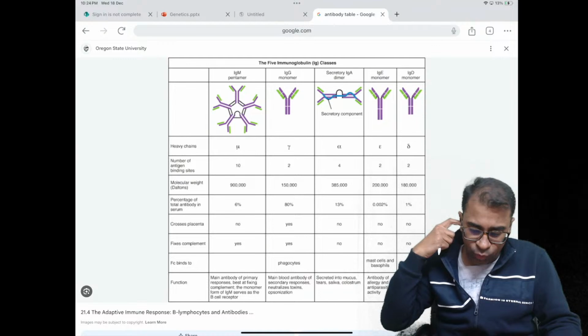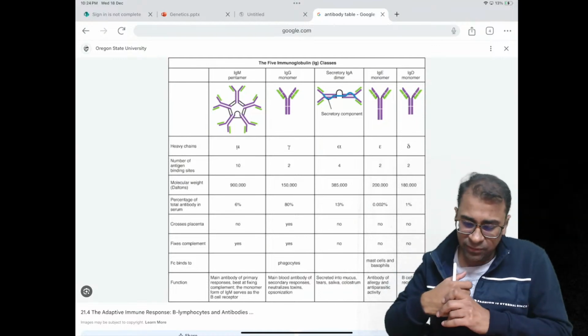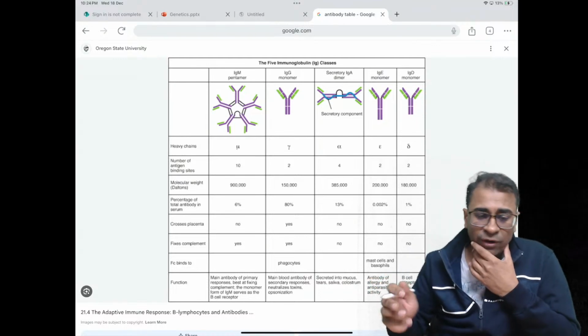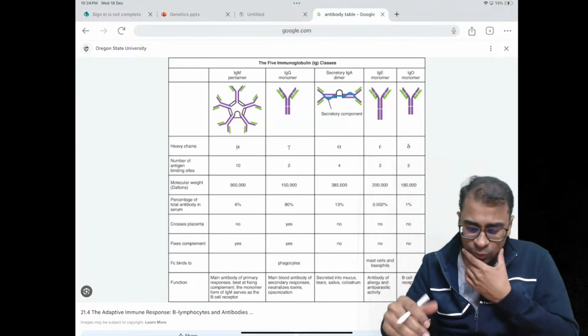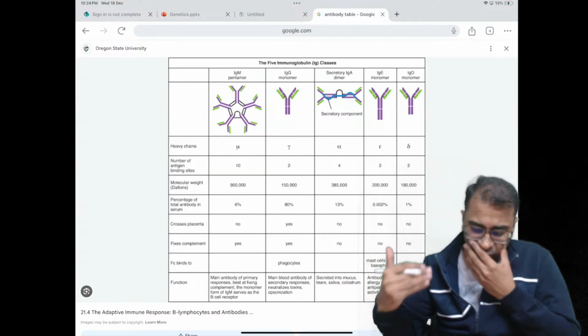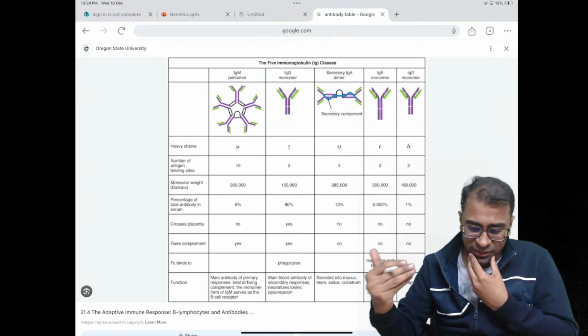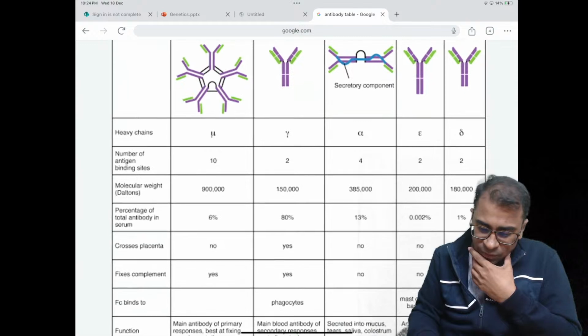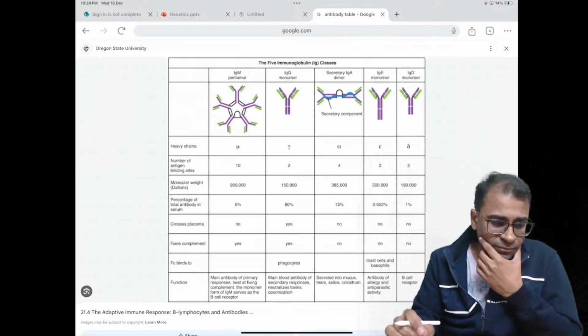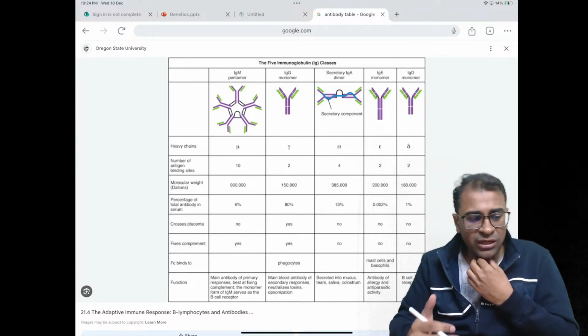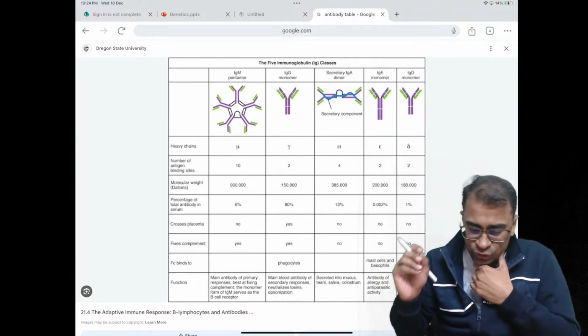So if you look at the five types of antibodies, you have to look at a few important things: heavy chain, number of antigen binding sites, molecular weight कितना होता है. There is also a percentage of this antibody in the serum. देख रहे हो? तो maximum in the body is 80%, which is IgG. Okay? तो IgM नहीं हो सकता ना. IgG is the maximum percentage. So this is a very very important table.